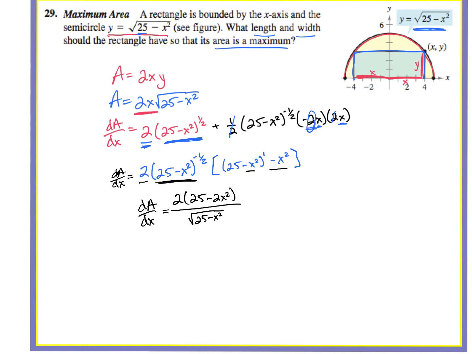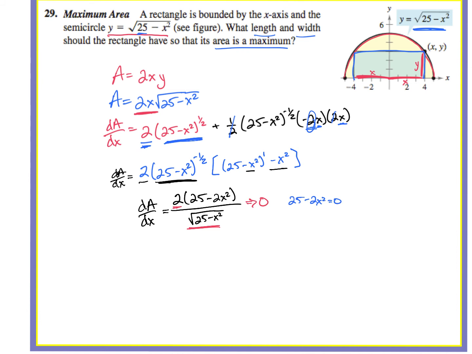So I'm going to take that derivative and set it equal to 0. Now, when I set something equal to 0, I'm going to multiply by that denominator, so that goes away. I can divide by 2, so that goes away. So truly what I'm doing is setting 25 minus 2x squared equal to 0.